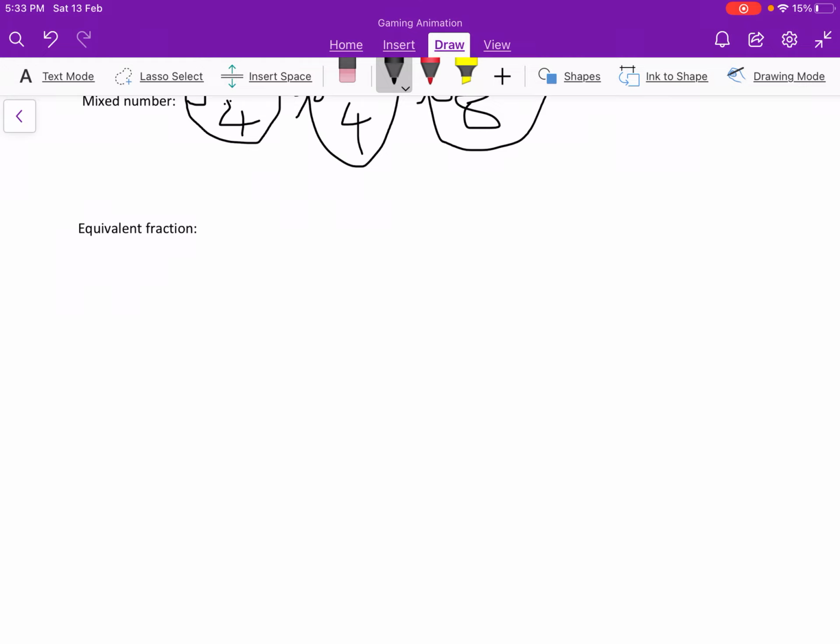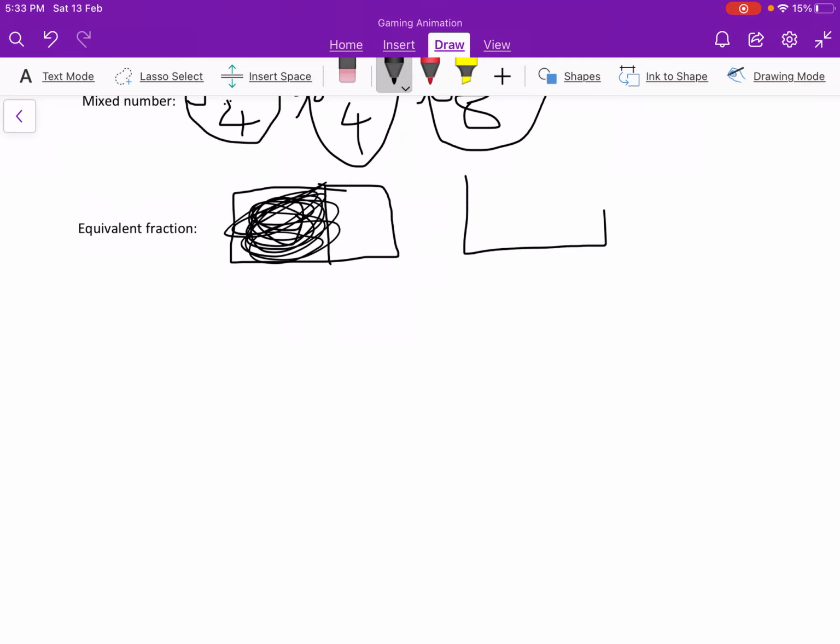So let me give you an example. We have a chocolate bar here, and I'm covering this part. Okay? And now I have another chocolate bar here. I am taking these two parts and shading it, while these two parts are left alone. So this is 1 by 2, and this is 2 by 4, and the next one is 3.